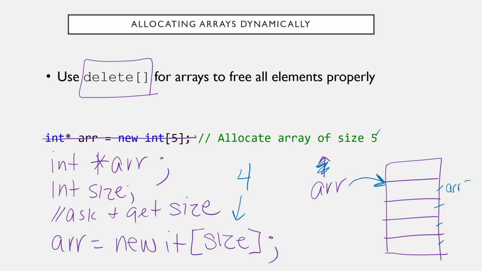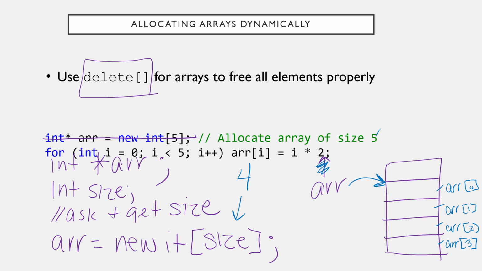This would be ARR at index 0, ARR at index 1, ARR at index 2, and ARR at index 3. If it was 5, we'd get 5. All right, once you do that, well, let's make it size 5.